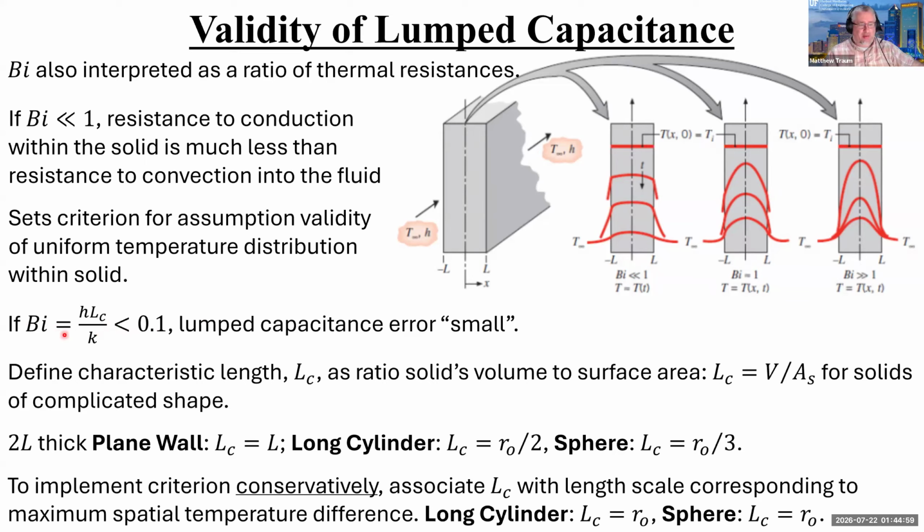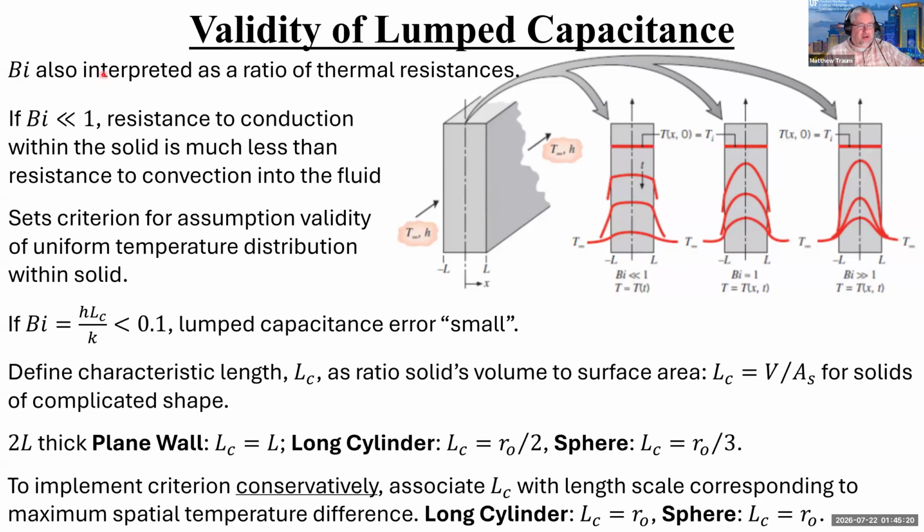So if you have a Biot number that's less than 0.1, then you can do lumped capacitance. You can use all those equations that we just talked about. It's not exactly right, but it's close enough, good enough for engineering approximation, for engineering work.